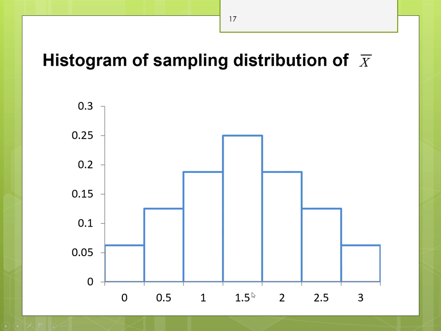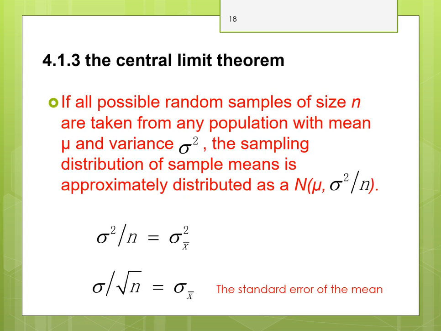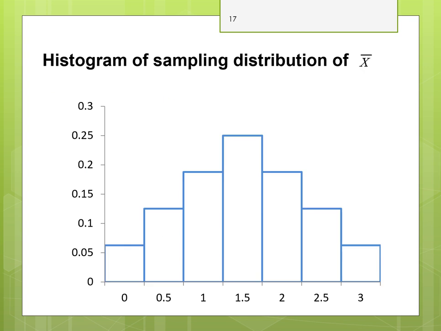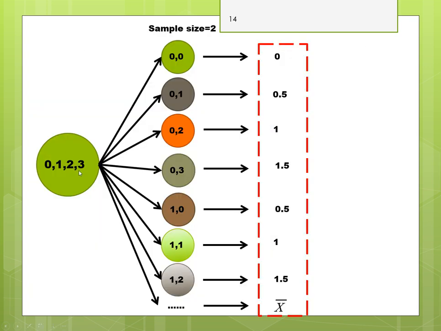What's the meaning of this number 1.5? Is that special? Let's go back to this slide. We have four numbers in the population: 0, 1, 2, and 3. If we figure out the mean of these four numbers, actually that is the mean of the population, right?